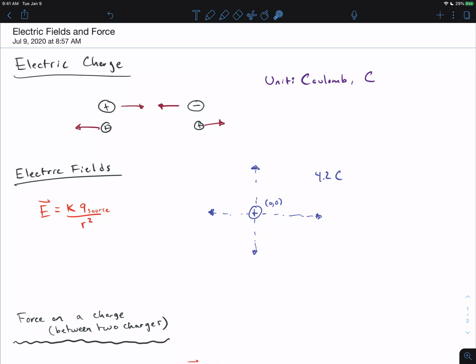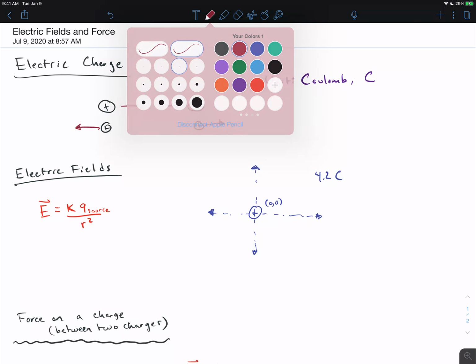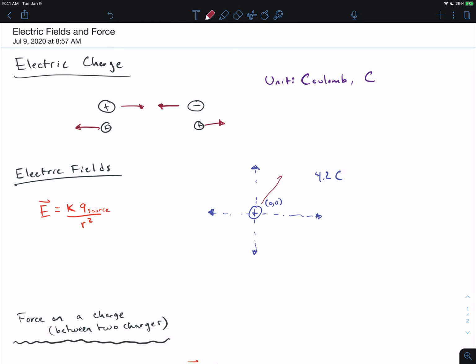Next let's look at this R squared. What does this mean? My field isn't constant, so there is field extending out in every direction from this charge. But you can think of this as maybe like a light bulb.